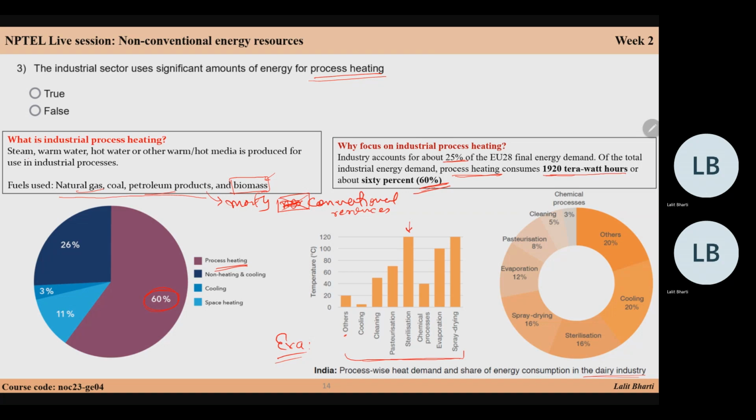So this is again the question of biomass. Biomass implies burning of wood or organic matter. As we discussed and as we know, burning wood comes under biomass. So yes, biomass implies burning of wood or organic matter.